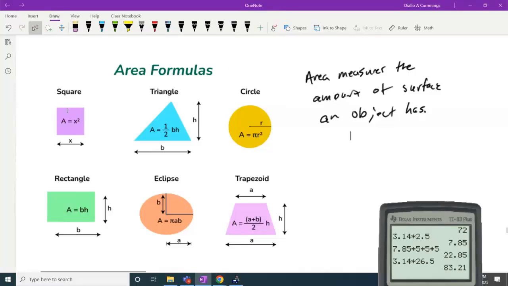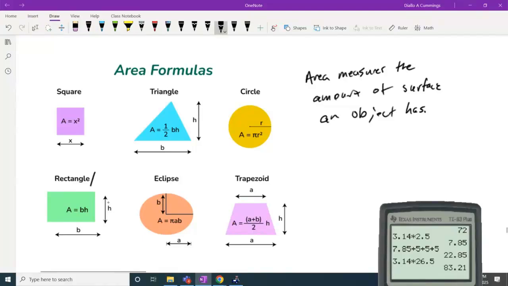For example, the area of a square is simply a side squared. The formula for the area of a triangle is 1/2 the base times the height. The formula for the area of a circle is pi times the radius squared. The formula for the area of a rectangle is simply the base times the height.